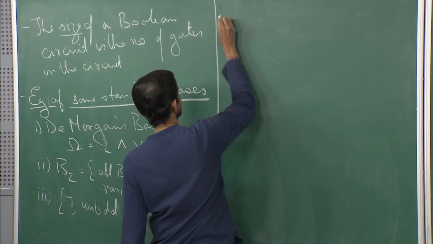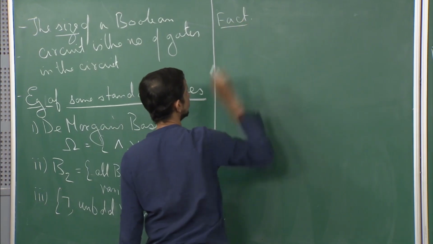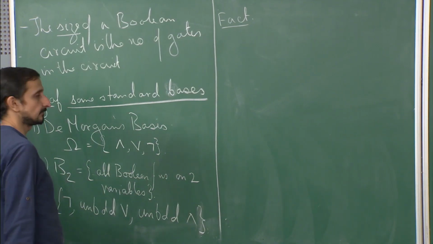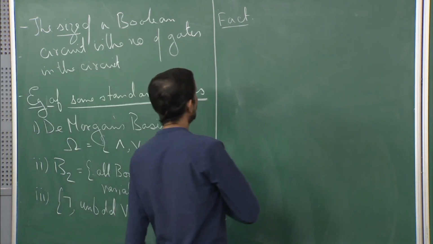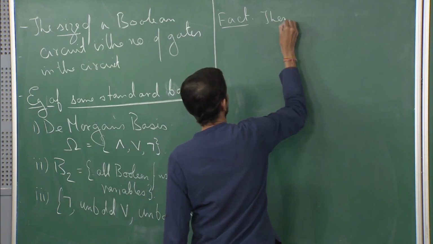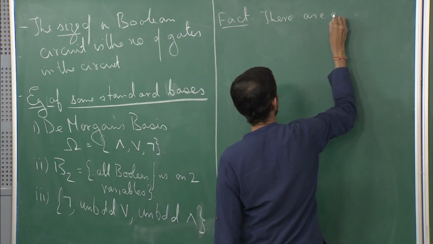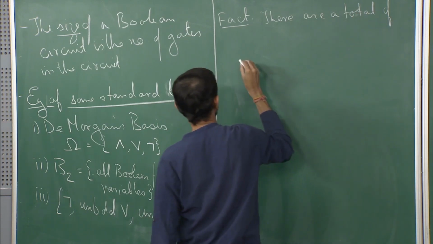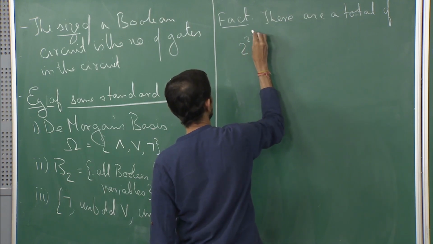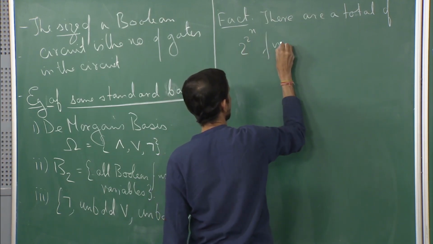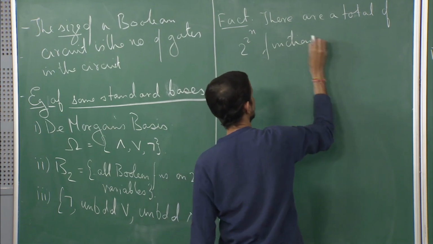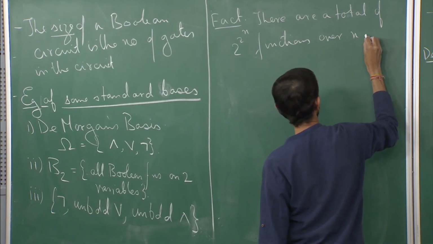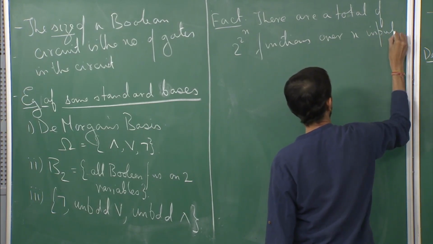Here is a couple of very simple results. The first one is of course a fact: there are a total of 2 to the power 2^n functions over n inputs.